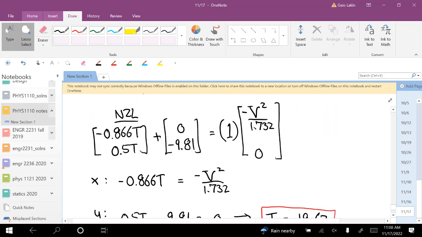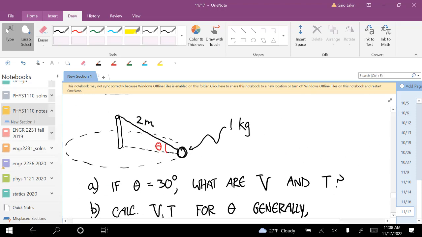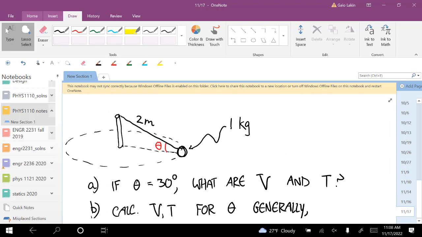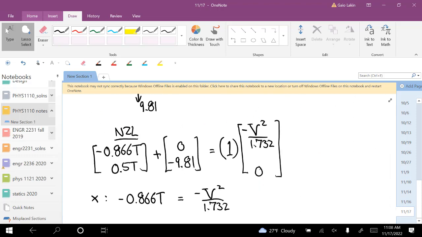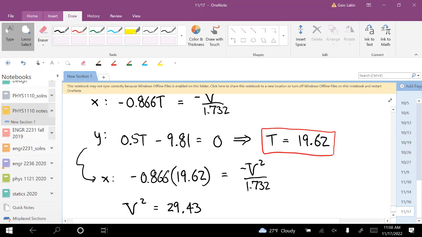So if this thing is spinning around at 5.42 meters per second, say 12 miles an hour or something, that angle is 30 degrees, and the tension in the cable is 19.62 newtons.